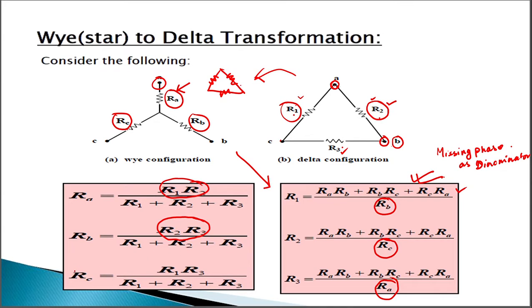Now in case of RC, let's look into whether this is also the same or not. RC, this C is connected to A and B. C and A, the resistance between them is R1 and C and B, the resistance between them is R3. So R1 and R3, right? So this is the easiest way to remember.